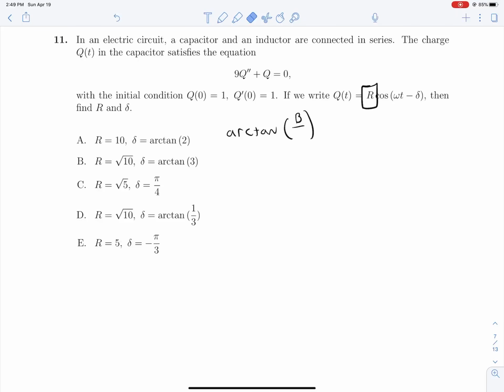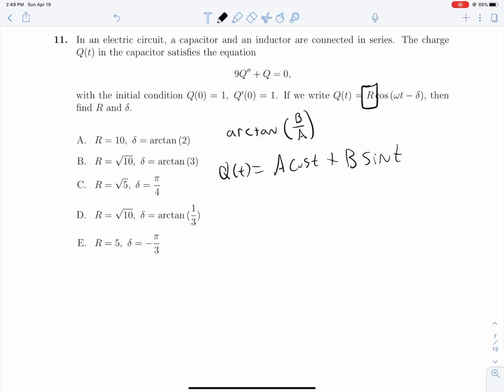And where is this B over A coming from? Well, we will eventually solve this and see that Q of t is equal to A cosine t plus B sine t. And there could be coefficients in here too in front of the t's. That's also possible.